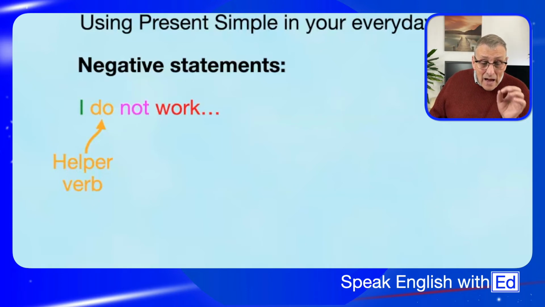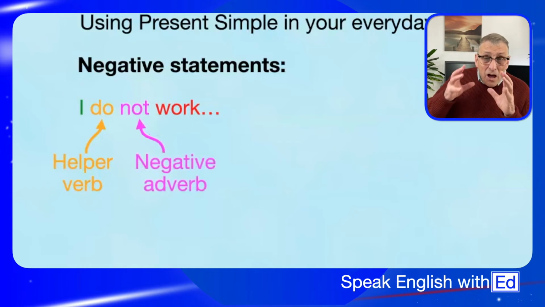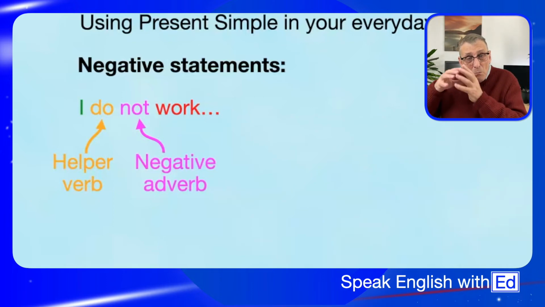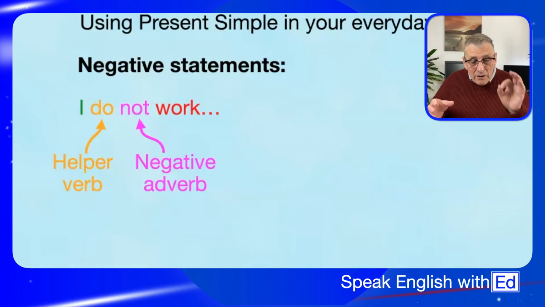I do. That has to go in. And we also need a negative adverb. This adverb modifies the main verb, work, and changes it into not work. So instead of work, it's not work. But you need the helping verb do in there.